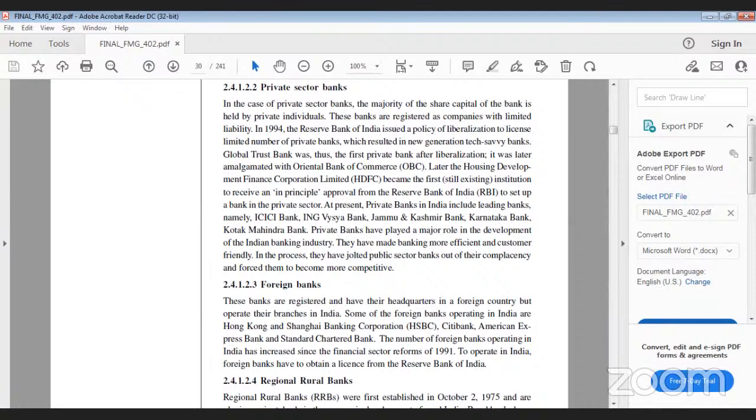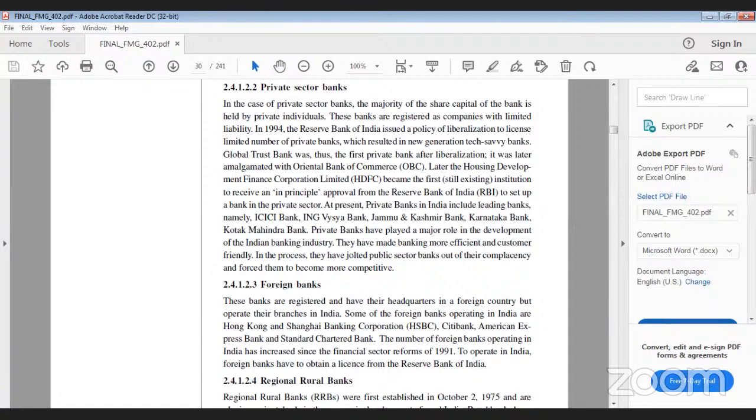Next is foreign banks. These banks are registered and have their headquarters in a foreign country, but operate through their branches in India. Some of the foreign banks operating in India are the Hong Kong and Shanghai Banking Corporation, HSBC, Citibank, American Express Bank, and Standard Chartered.